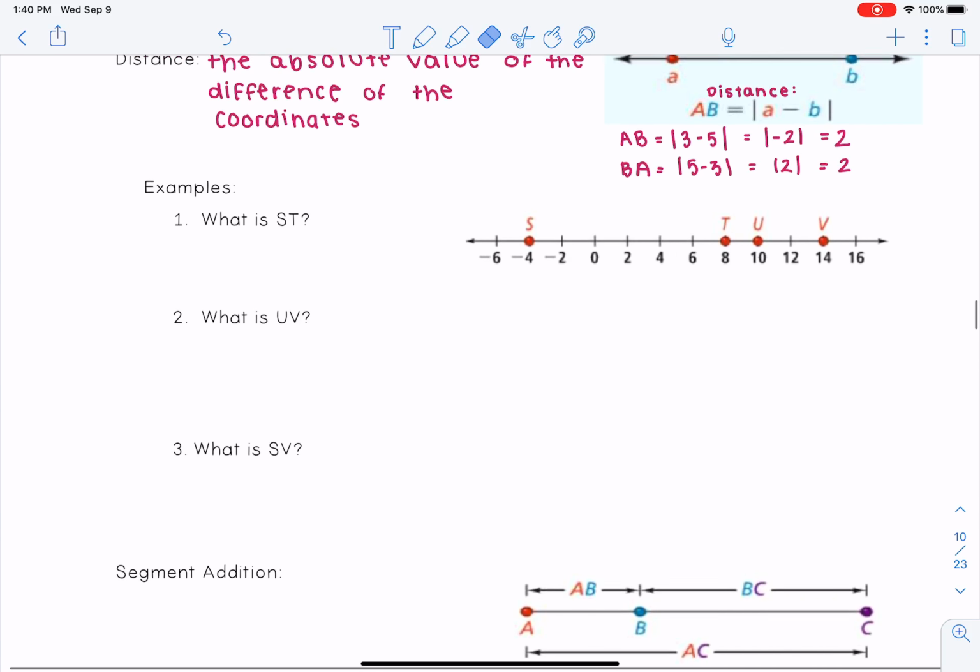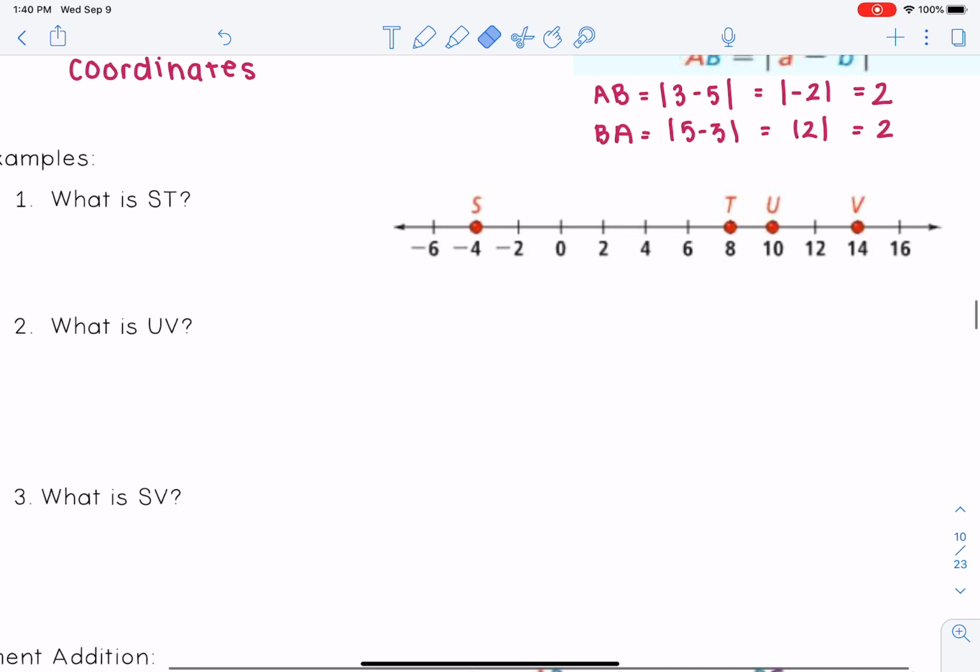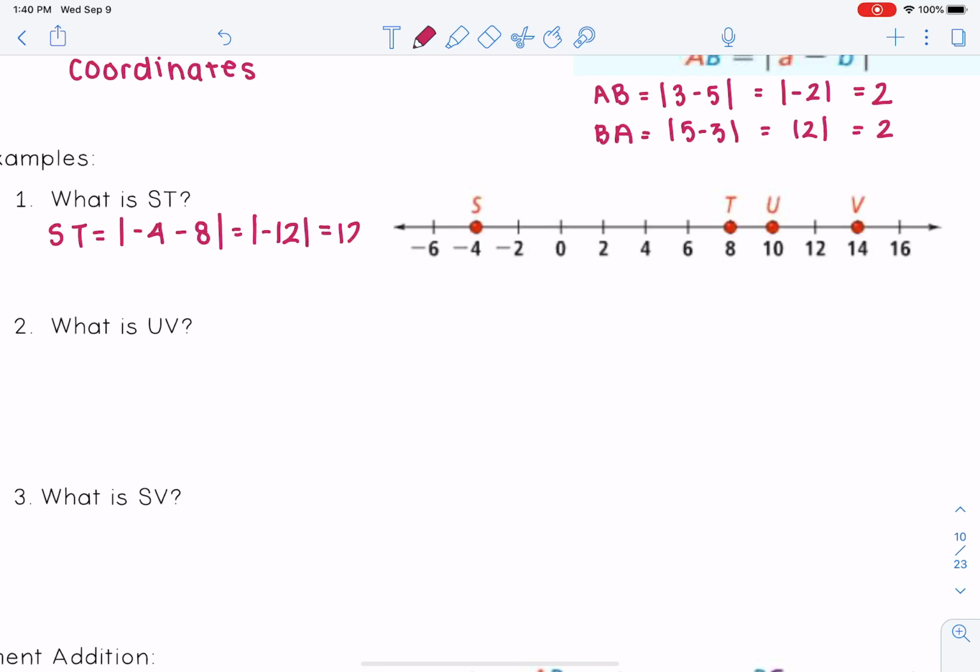So our first problem asks, what is ST, which means what's the distance from S to T? ST is the absolute value of S, so -4 minus 8, which gives us -12. So the absolute value of -12 is 12. And you could always check that by counting 2, 4, 6, etc. and go all the way over.